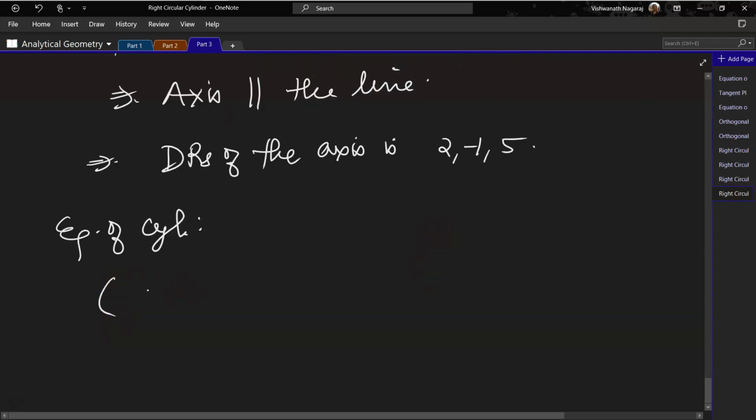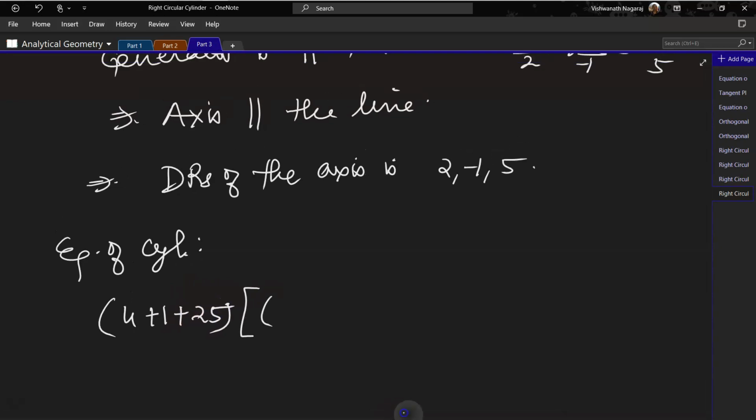is going to be L square plus M square plus N square, so 4 plus 1 plus 25. Then we have the center, that is 0, 0, 0.